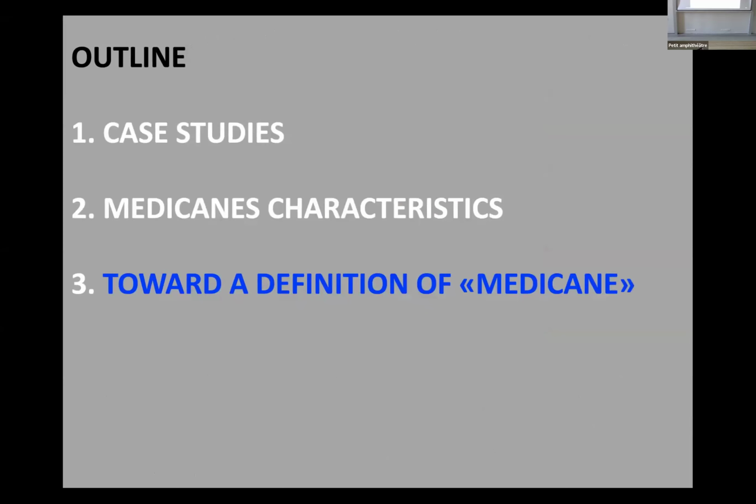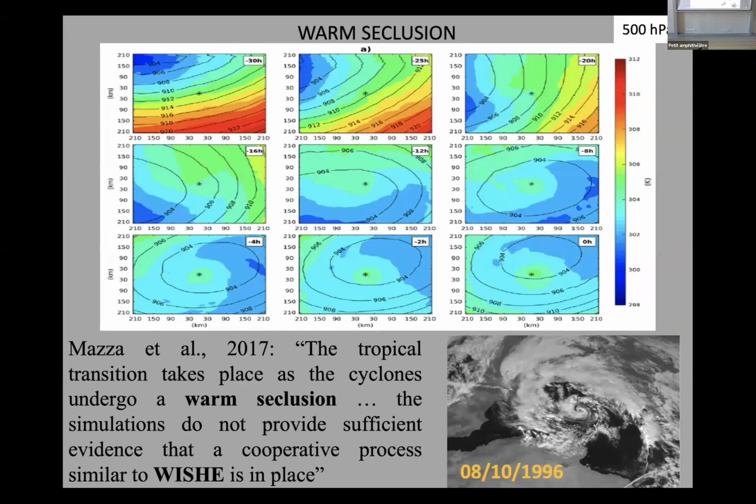The last part is about more recent studies. These studies put in a different perspective, compared to what at least I understood at the time, what is really considered as a Medicane.